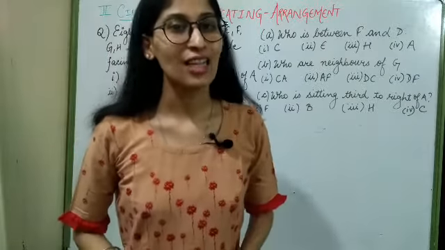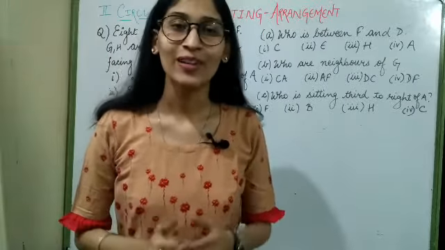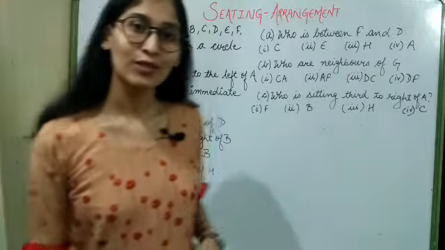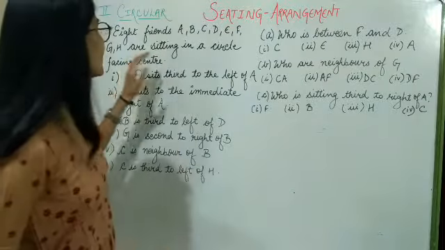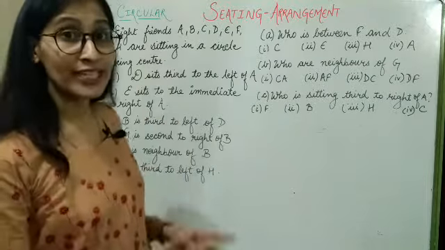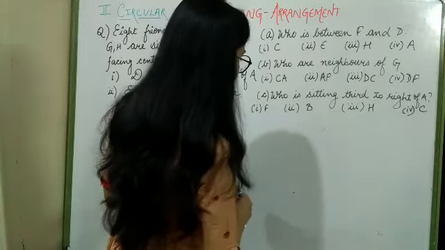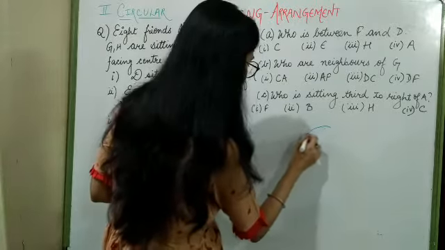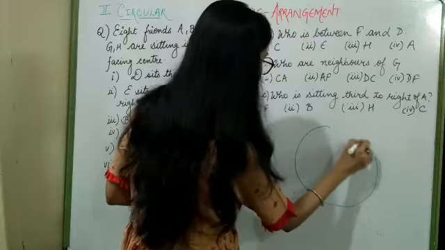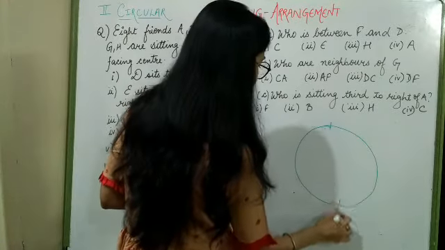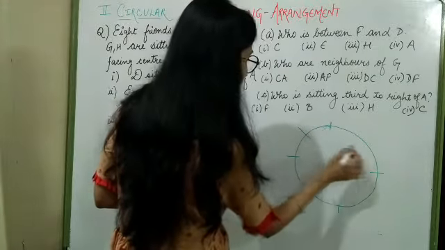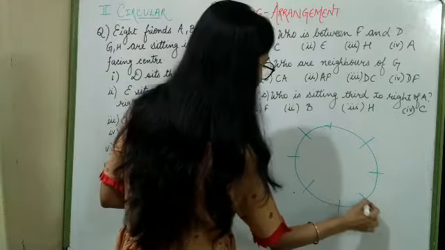Now let's discuss how we are going to solve circular sitting arrangements. My question here is, 8 friends are sitting in a circle facing the center. So my diagram will be 8 friends: 1, 2, 3, 4, 5, 6, 7, 8.